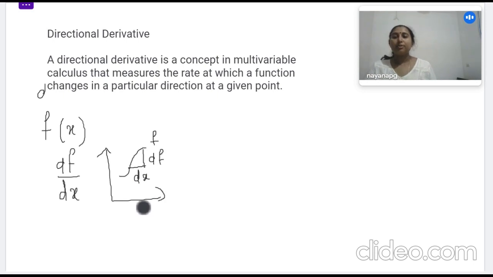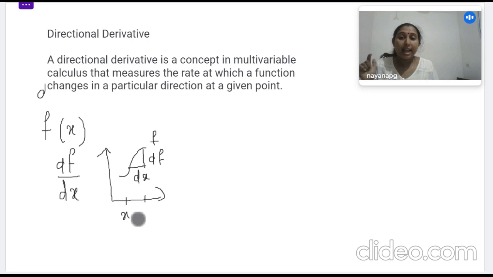Or else we could say the function is changing with respect to a change in variable x, or the rate of change of function f with respect to change in x. So again, the change actually happens to x, or we could say that the function f changes in the direction of x.